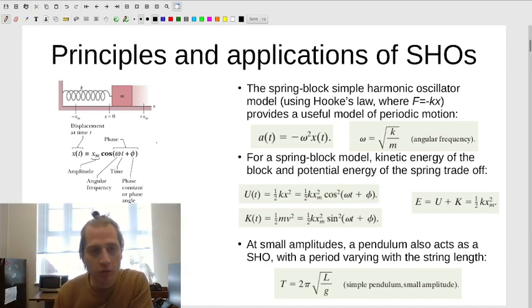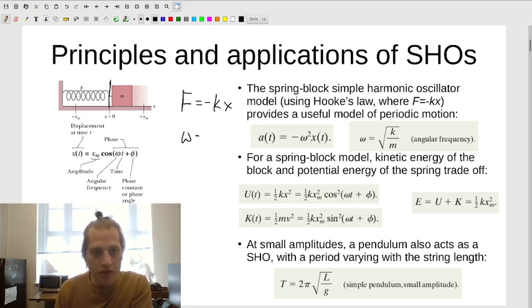So what are the big takeaways that we had from this system? This was our system with Hooke's law, where we had F equals minus kx. So the spring is always pulling our block back towards the equilibrium point. We found that in this case the acceleration was linearly proportional to the position at every instant, with an extra factor of minus omega squared.